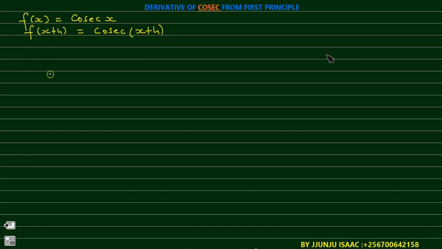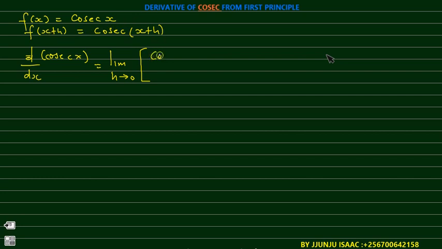And we know that the definition of the derivative of a function is given by, if we take the derivative of our function cosec, we shall get the limit as h tends to 0 for f of x plus h.